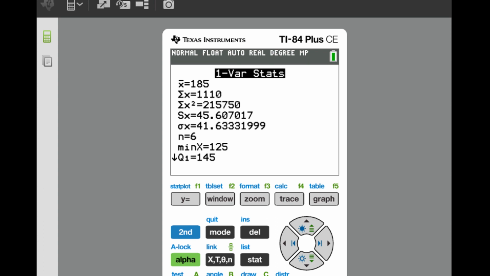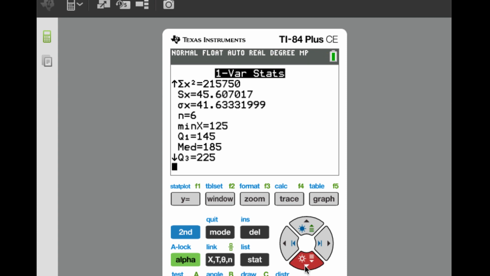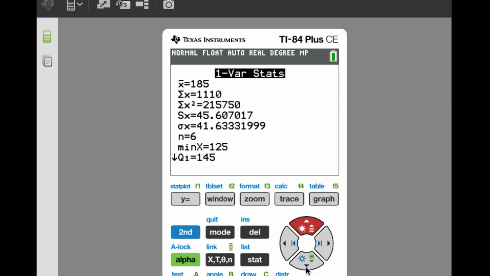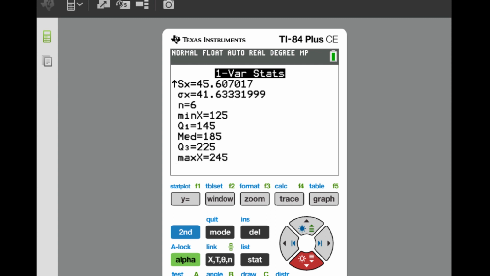I'm going to be able to verify. Miley, what's her mean? See the X bar on top? Isn't that the mean? What's the median? 185. So the mean is 185 and the median is 185. You are correct. Okay, good.